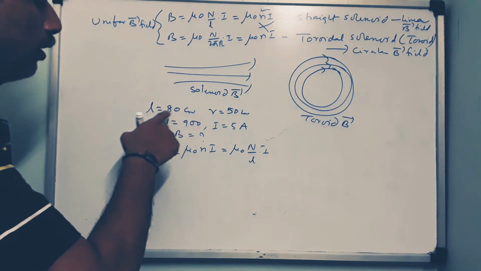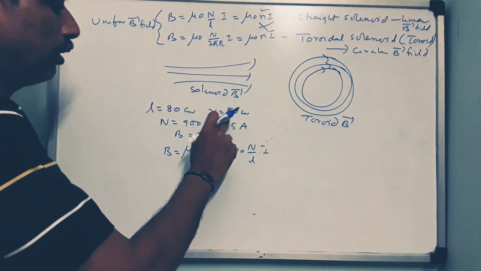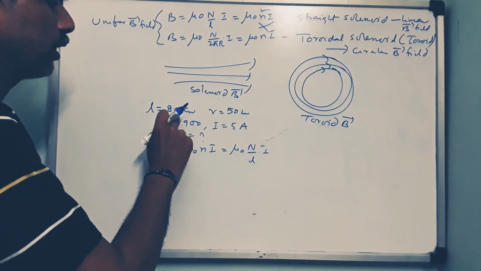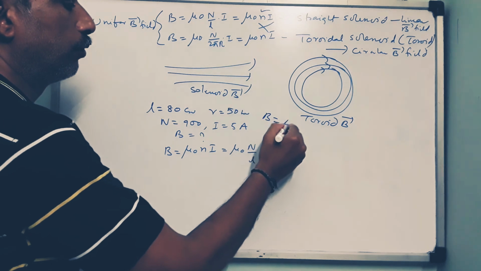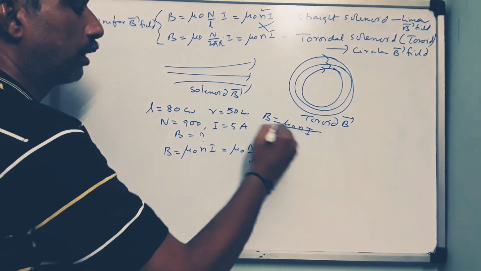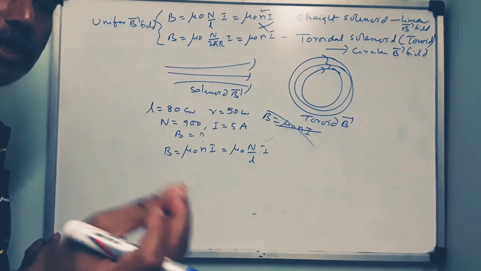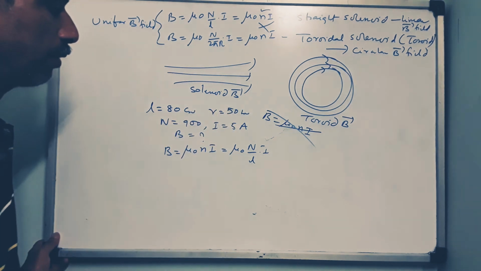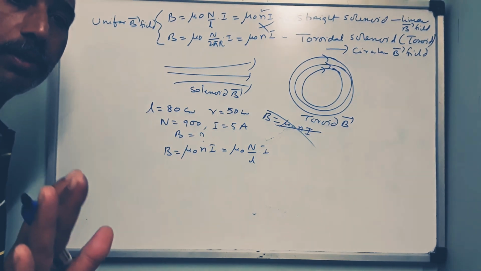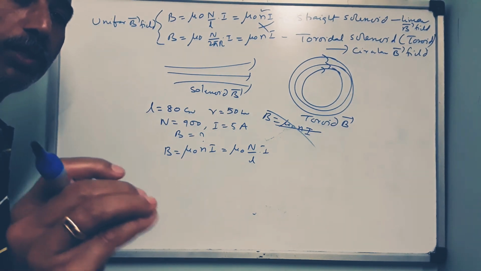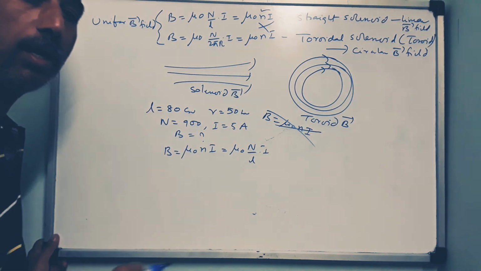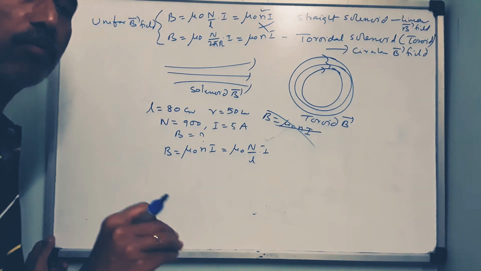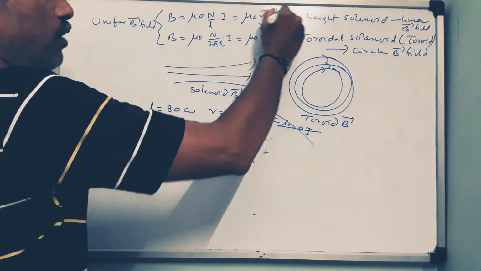Then only you can use this formula. So for the condition L equals 80 centimeter, R equals 50 centimeter, B equals mu naught N I cannot be applicable. So what is the use of the radius given in the problem, sir? Is it waste? No, not waste. It is only to bring you the conceptual understanding that the radius of the solenoid is very small as compared to its length. Therefore, you can go with this formula.